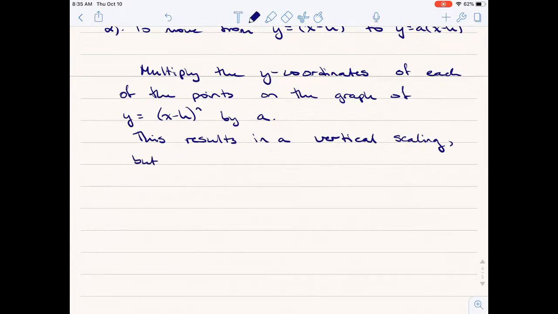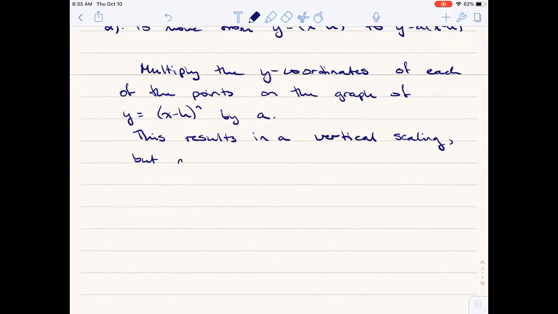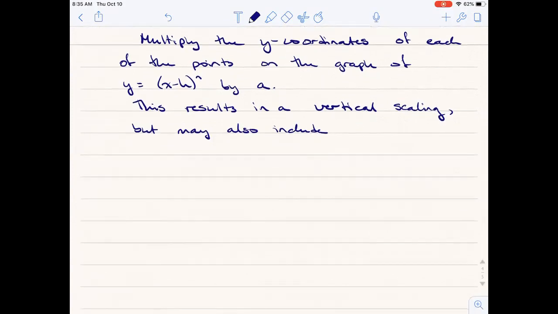But just like before, if a is negative, it flips our graph upside down. So same idea, but it may also include a reflection about the x-axis if a is less than 0, so if a is negative.